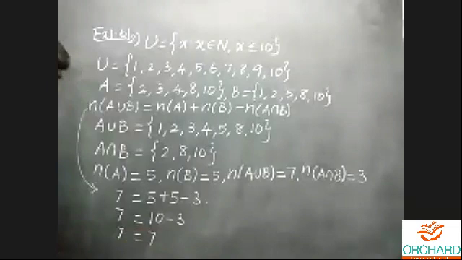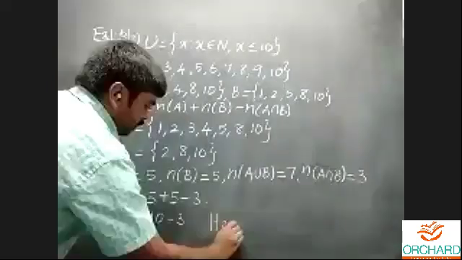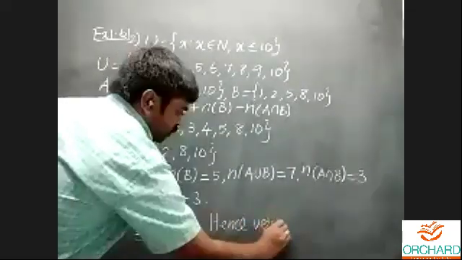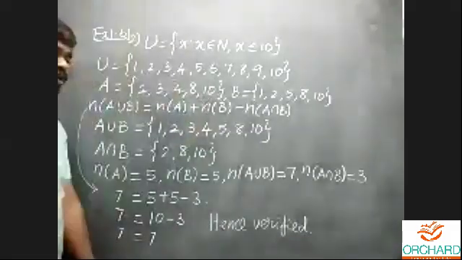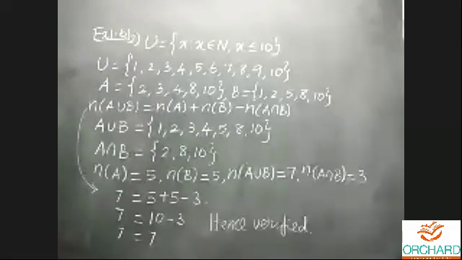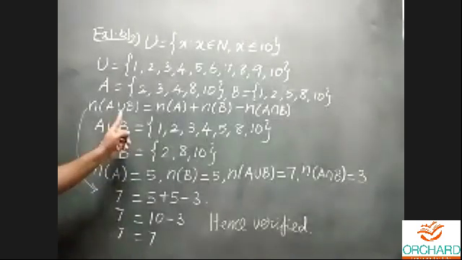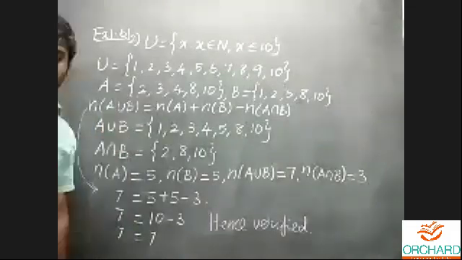Hence verified. At the end of the problem, we'll write the result: hence verified. The second problem just checks that n of A union B is equal to n of A plus n of B minus n of A intersection B.